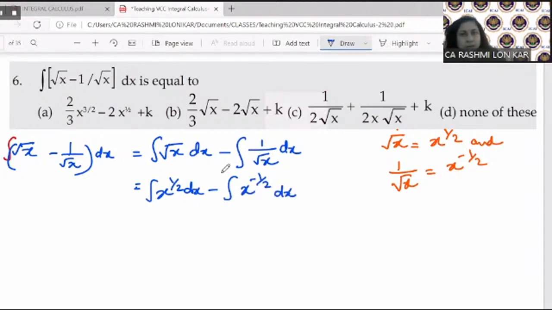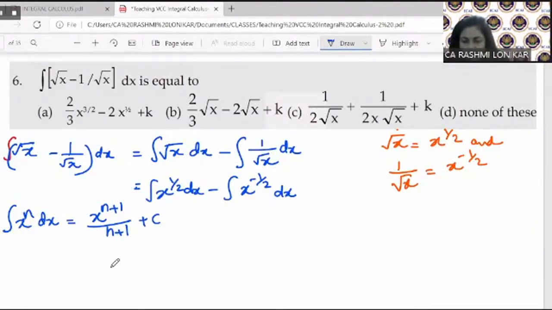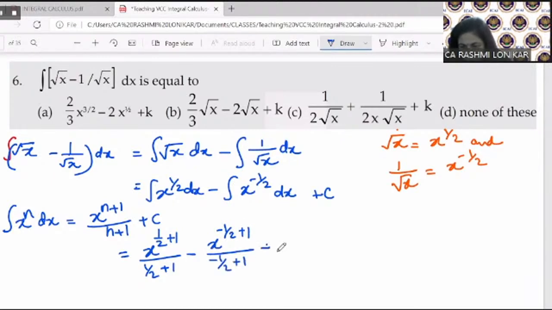So from here itself, I am going to use the formula integral of x raised to n dx is equal to x raised to n plus 1 upon n plus 1 plus c. So what will happen over here? This is equal to x raised to half plus 1 upon half plus 1 minus x raised to minus half plus 1 upon minus half plus 1 plus c.